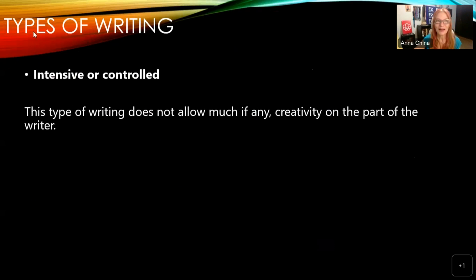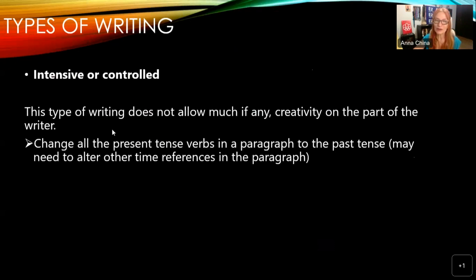Intensive or controlled. This type of writing does not allow much creativity. So the student, once again, we're still dealing with beginners. So we can ask them to change the present tense of the verbs in a paragraph to the past. Sometimes they may need to adjust adverbs of time and so on.